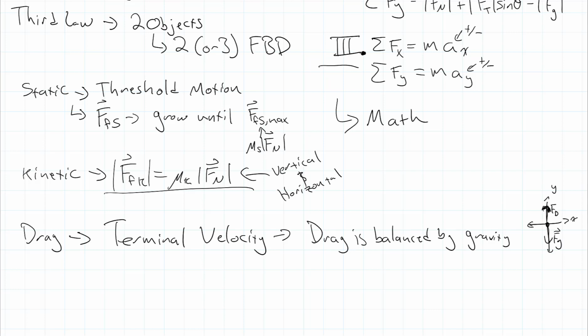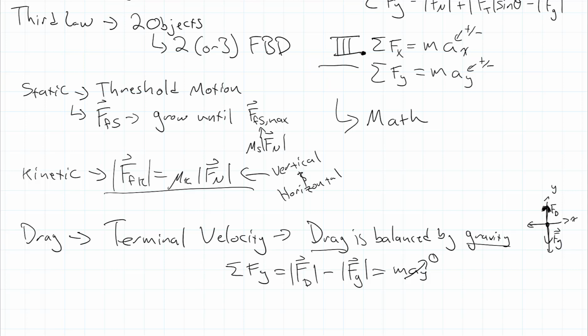So gravity down and drag up, and your speed is going to increase until you get to a point where your drag force balances out the force from gravity. And then you have no additional acceleration, so the sum of your forces in the y direction would be the force from drag up and the force from gravity down, and that is equal to m a_y.